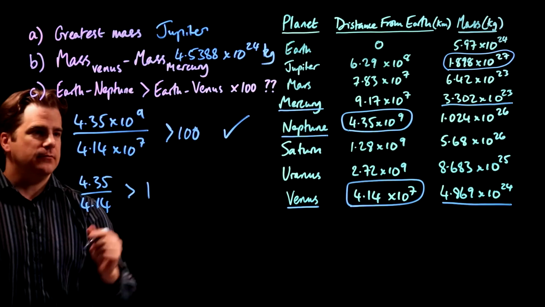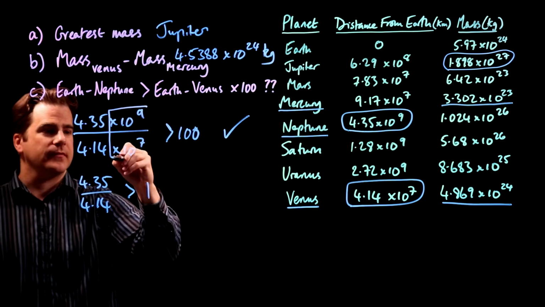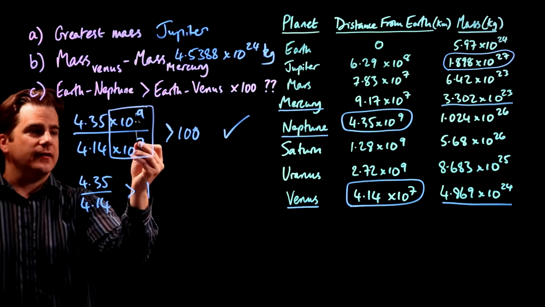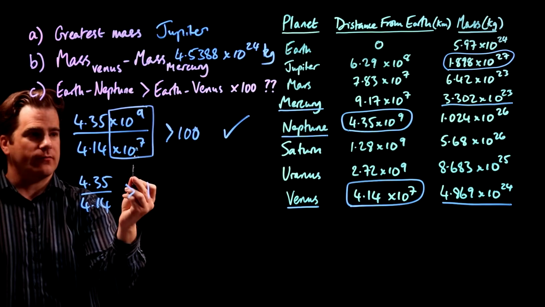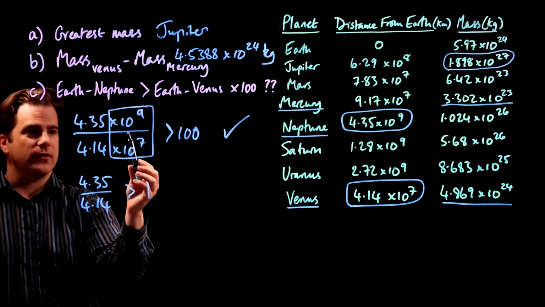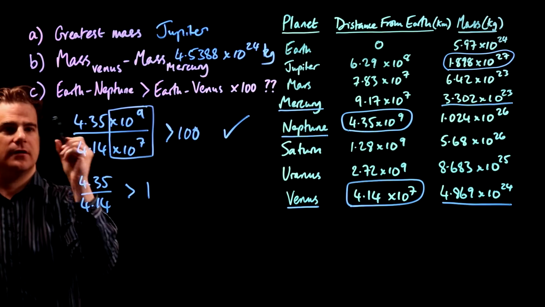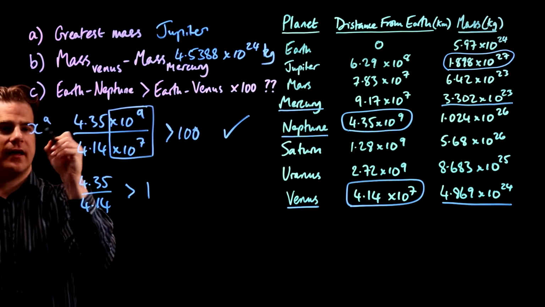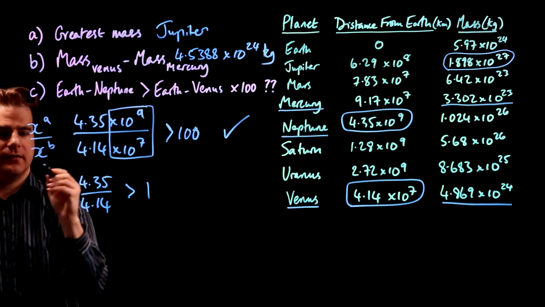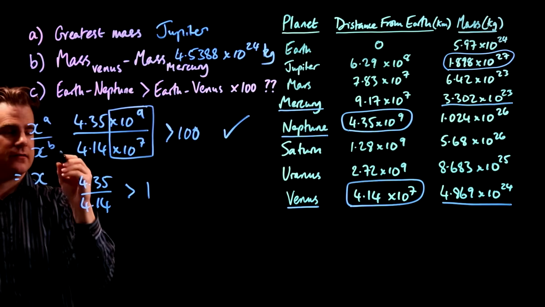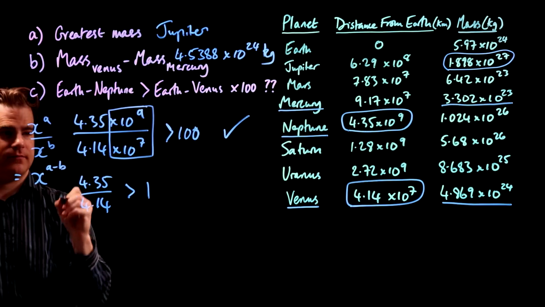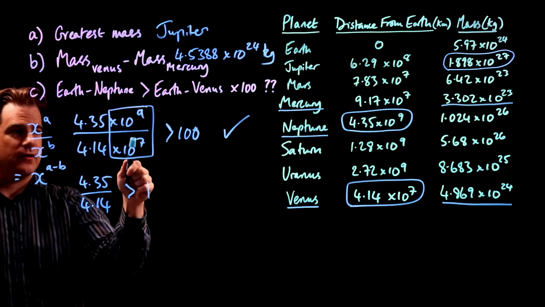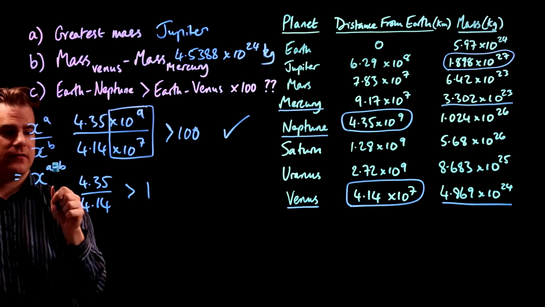Okay? Now look at this bit. 10 to the 9 divided by 10 to the 7. You know that when you have x to the a divided by x to the b, that is equal to x to the a minus b. So that becomes 10 to the 9 minus 7.